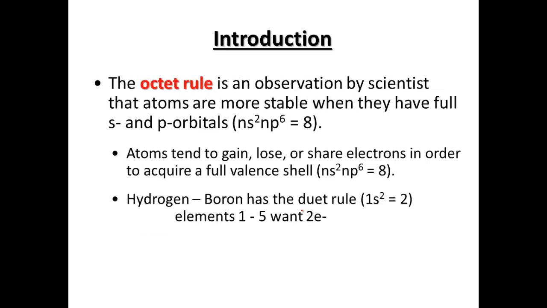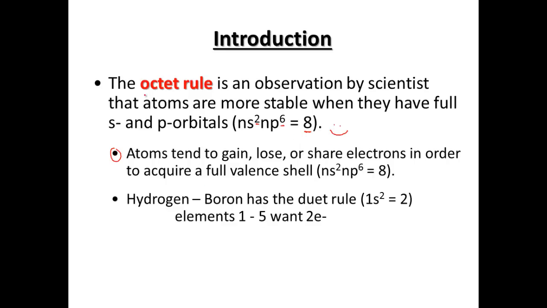Now, scientists found out, don't worry about writing this first part down, we're going to write this part in just a second. The Octet Rule: an observation that when the s and p orbitals are completely filled, so 2 in the s and 6 in the p orbital for any energy level, that's a total of 8 electrons. 8 is great. When they get to those 8 electrons, that's what the atoms want to do.